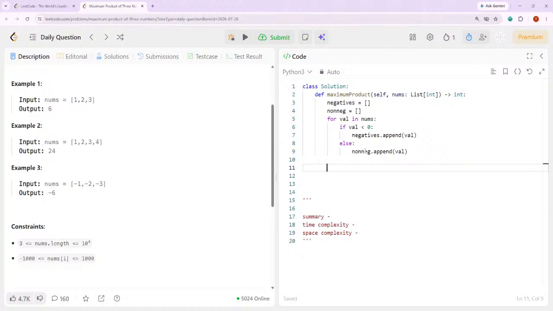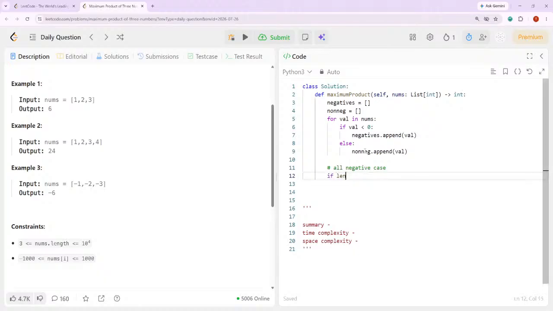I guess the first thing I'm going to check is the all negative case. So if the length of the non-negative is 0, then I need to find the lowest three. I almost want to just sort this. I mean, sorting it is not going to take that long, right?